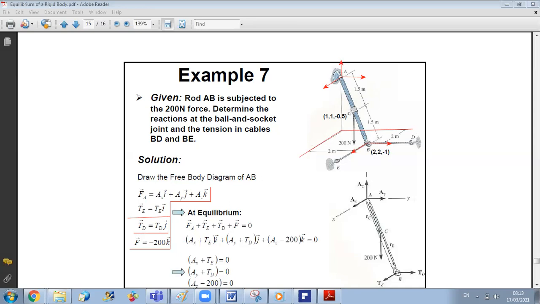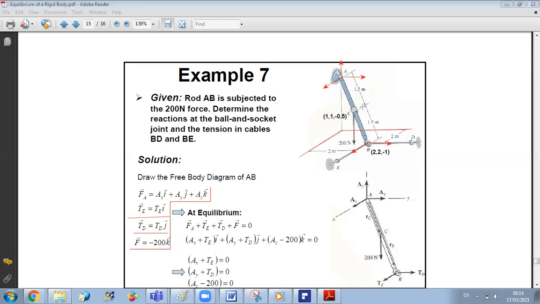And don't forget the force applied on the rod, which is a 200 Newton force downward. So F applied is minus 200 k. Now, since they didn't mention anything about the weight, I can consider that it's a massless rod.